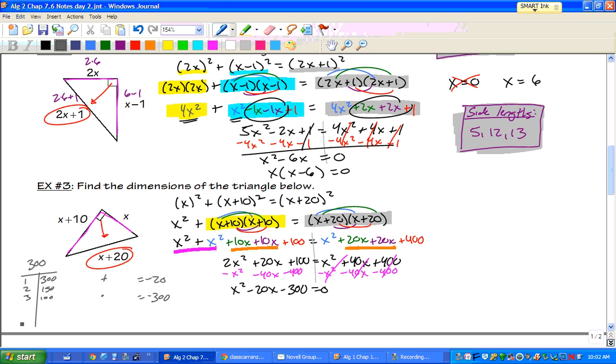So you need to know your times tables, and you need to know how to use that multiplication chart to help you out, okay? Because once you break it down, you end up getting 10 and negative 30. Okay, so we get x squared plus 10x minus 30x minus 300 equals 0.